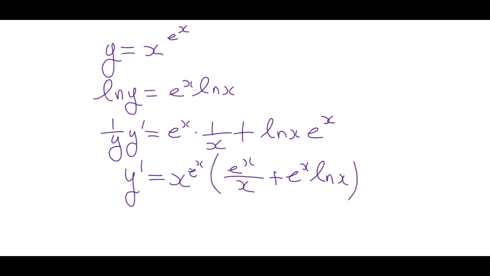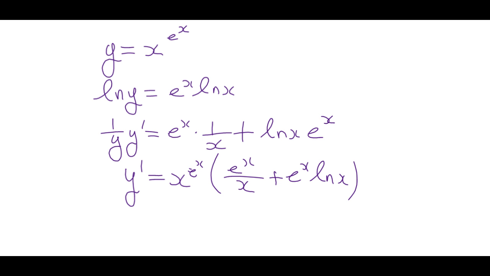No, we've already done the derivative. This was the derivative of ln x. So with the product law, it's this times the derivative of that. So that's e to the x times 1 over x plus ln x times the derivative of this, which is just e to the x.